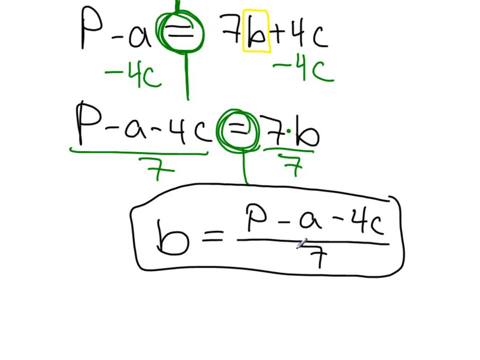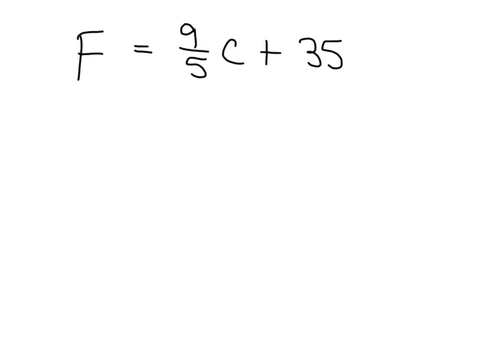Now, what we're going to have to do with some of these is they'll provide us maybe an ugly looking formula. Maybe something like F equals 9/5 C plus 35, and they will tell us C equals 25. So find what F is.